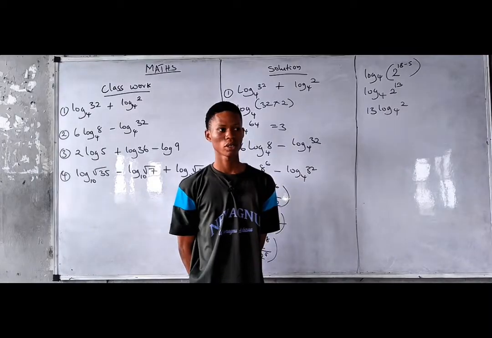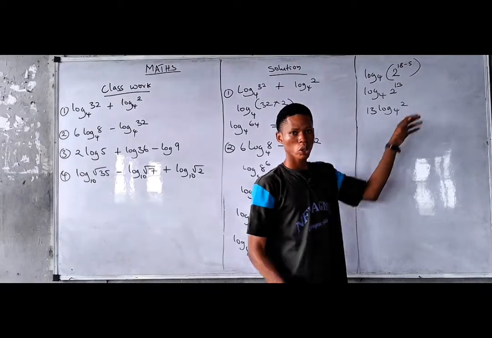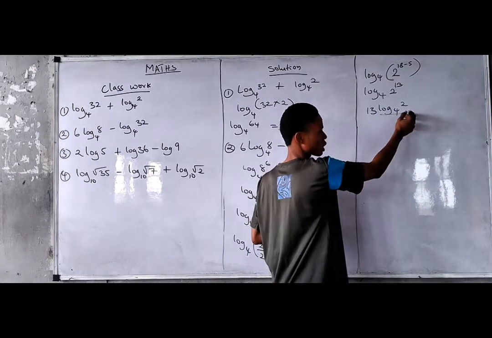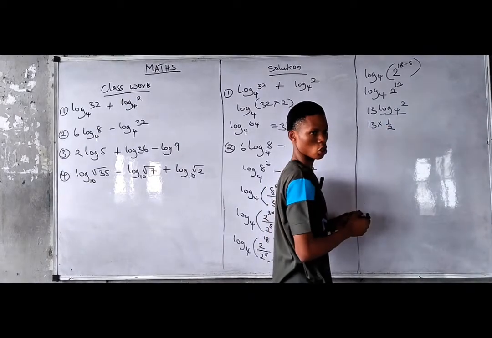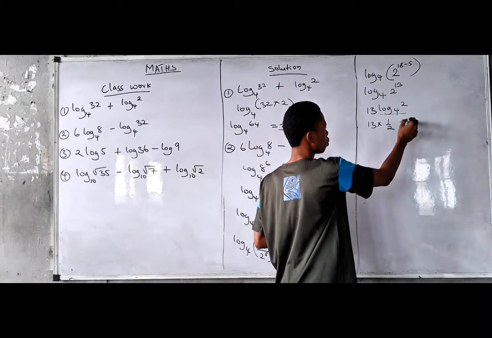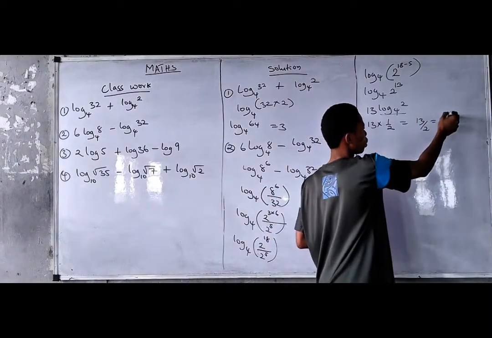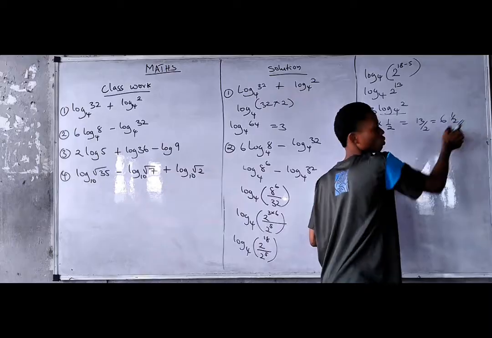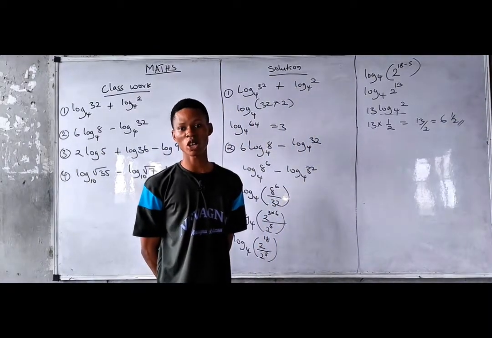Half. 4 raised to power half will give us 2. Is it not? So everything here is what? Half, right? So 13 times 1 over 2. Is it not? Equal to 13 over 2 is what? 6 and half. You can use the second method.